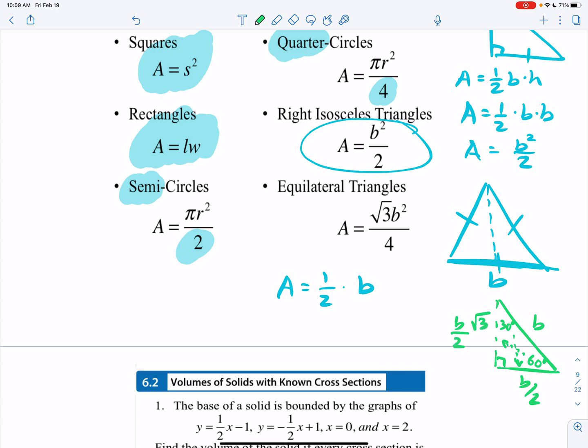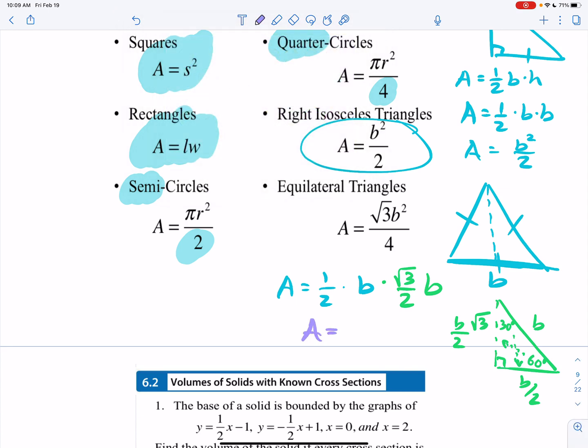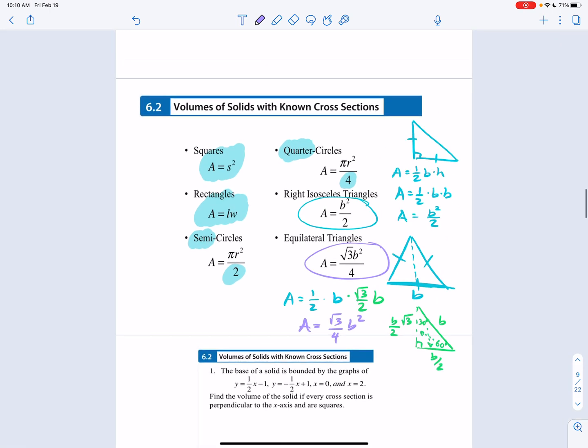So the height there is really radical 3 over 2b. And again, you're not going to be asked to derive this, but I just want you to see where it comes from. That's radical 3 over 4b squared, which is what we have here. Okay? So anyways, that's just a very quick proof.